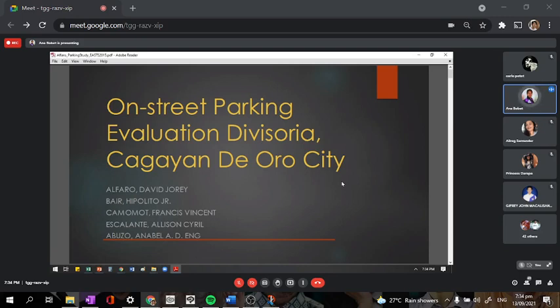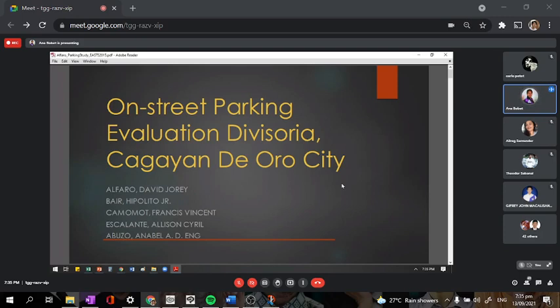So the parking study of Divisoria was intended to look at if it is viable to have a parking facility which is delimiting or restricting on-street parking, because our issue is parking in Divisoria is not convenient for some people, labi na sa mga driver, because the spacing itself is already limited.